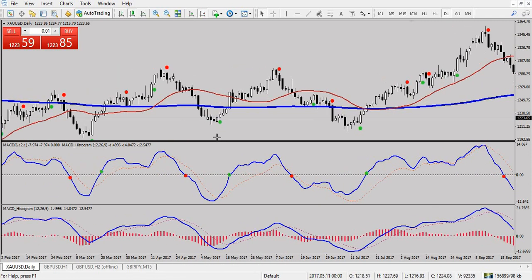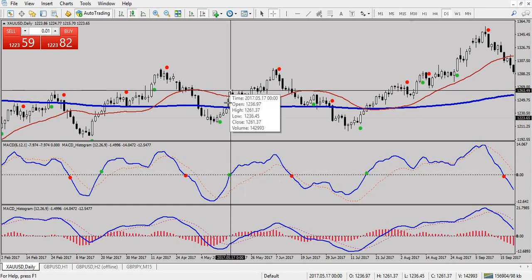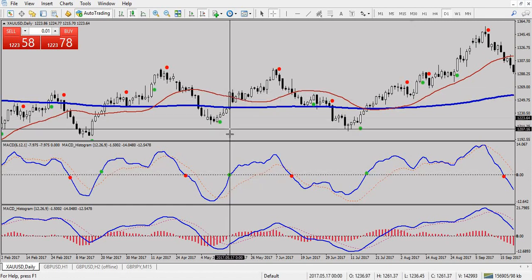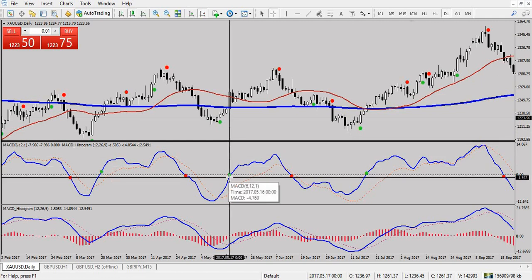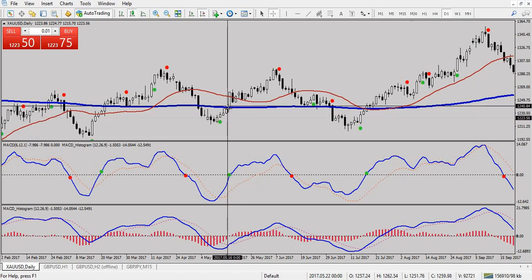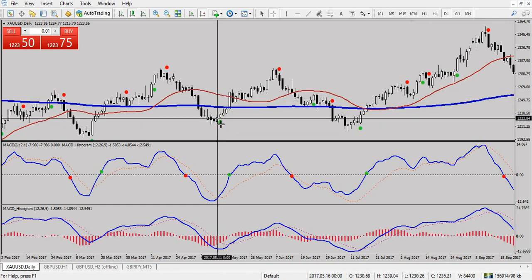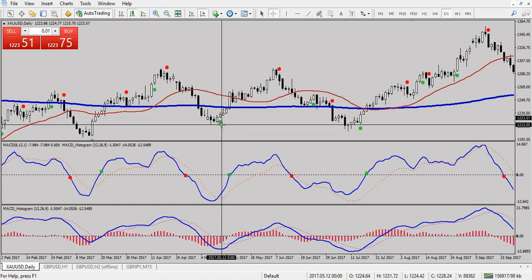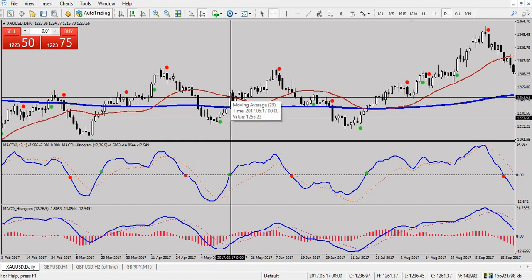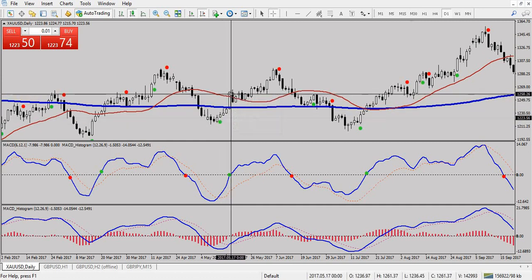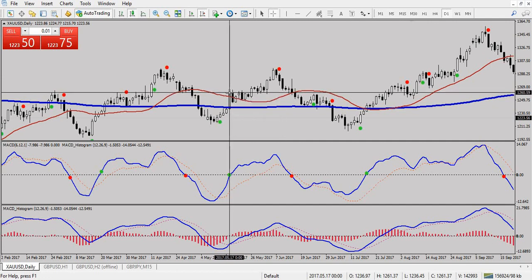Now, say we've got a cross, we'll use this nice buy signal here. The cross is confirmed on this big bullish candle off the 240 up through the 25 SMA. We've already got a green QMP dot, so that meets the criteria. Price has closed above the 25 SMA, so there's another criteria.